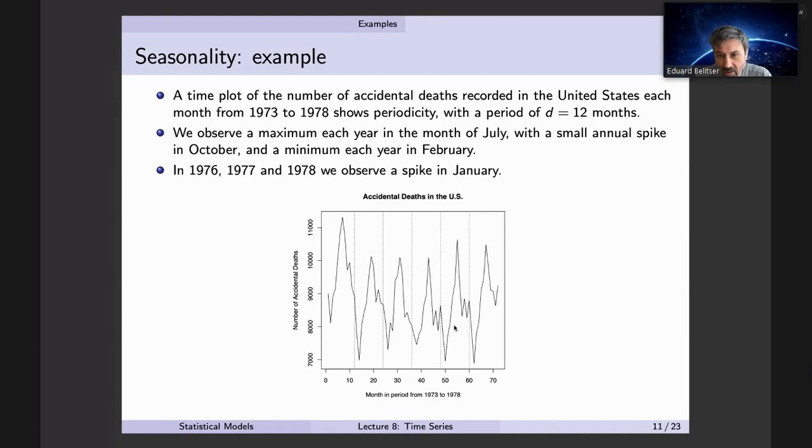It's really weird. There is also a small annual spike in October each time, and a small minimum each year in February. Apparently it has to do with the fact that people are outside more in July, and more inside in February, I guess. But still, it's curious. So there is a seasonal component here, and we would like to extract that. And maybe also a trend, which we do not see because the seasonal component is prevailing here.